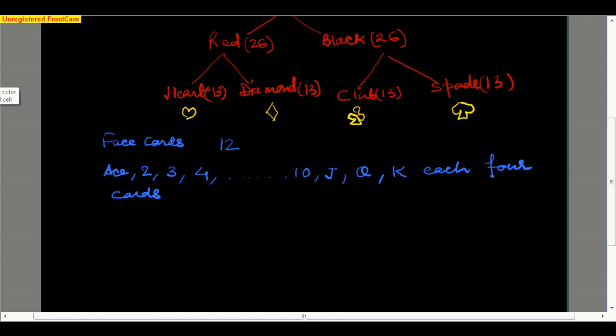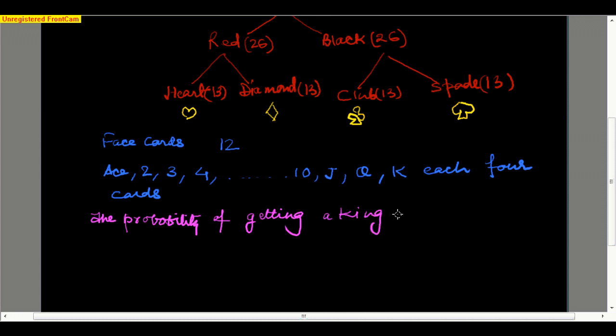Now we see the probability of getting a king. There are 4 kings, because each kind of card has 4. So we have 4 kings and the total number of cards is 52.